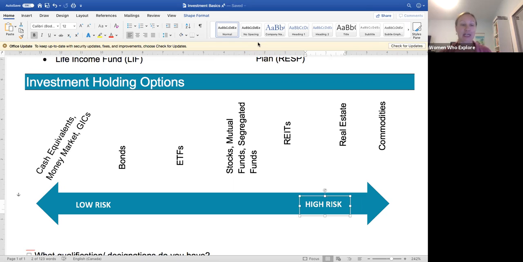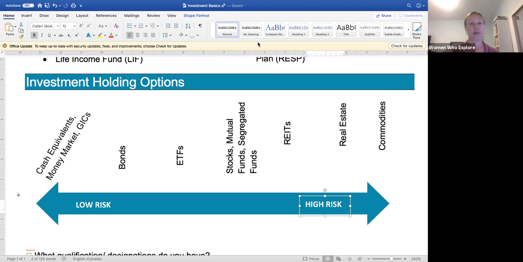GICs are also very low risk because they are what's called guaranteed investment certificates. The investment company that you place your money with says, we're going to give you a guaranteed investment rate based on what your contract says and what type of term you sign up on. Typically the longer term that you sign up for a GIC, they're going to offer you a higher rate.